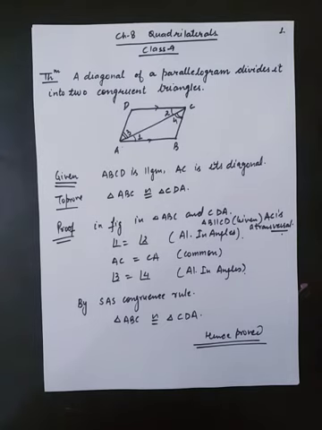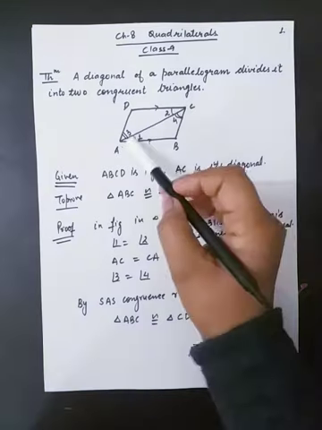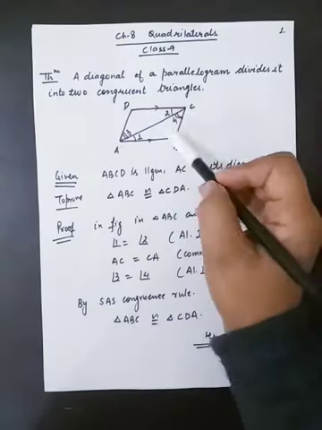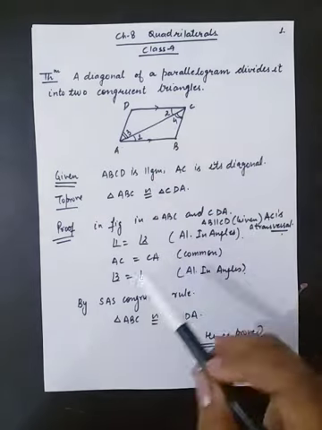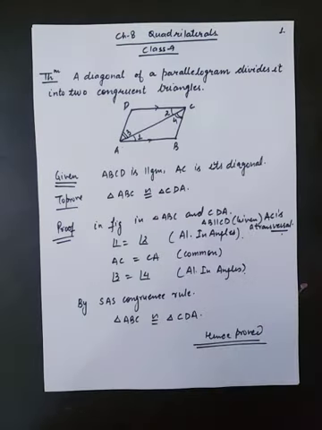And one more property, in a parallelogram opposite angles are equal, means angle A is equal to angle C and angle B is equal to angle D. And diagonals of a parallelogram bisect each other. You were already told about it. And if the diagonals of a parallelogram are equal, then it is converted into a rectangle.